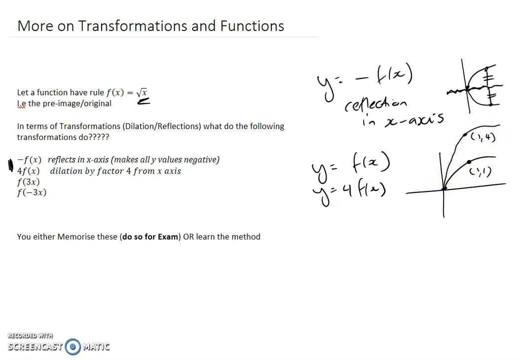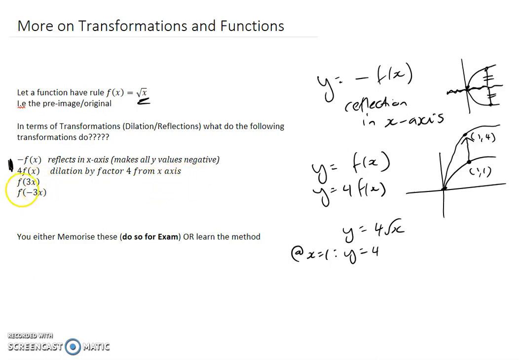Alright, let's just check. If y equals 4 root x, chuck in 1 for x, you get y equals 4. So every single y value has been multiplied by 4, and it's going away from the x-axis, so that's the language there. Dilation by a factor of 4 from the x-axis.